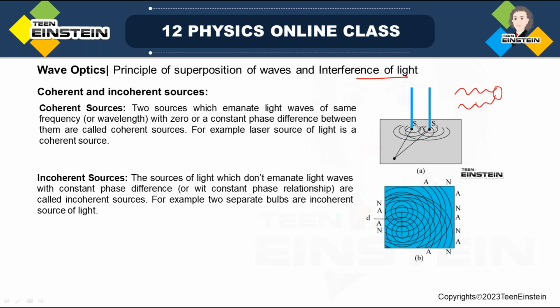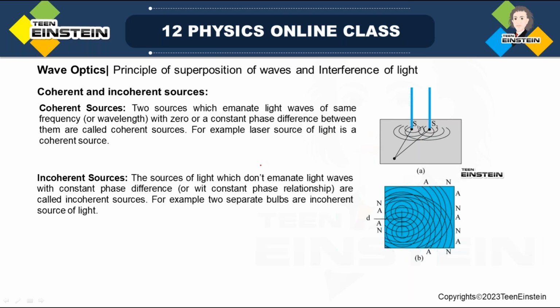Sources of light waves will produce light waves, right? So the sources of light waves should be coherent. Now I'll tell you what is called coherent and what is called incoherent sources of light.